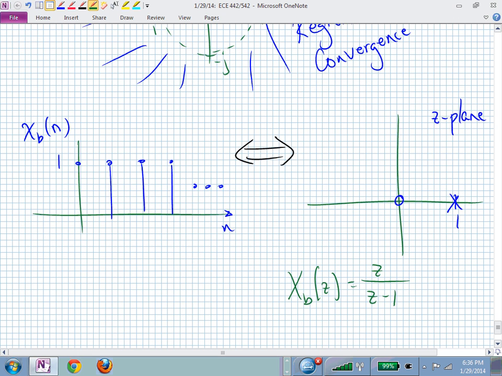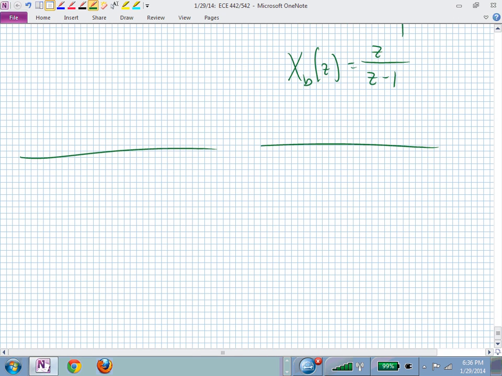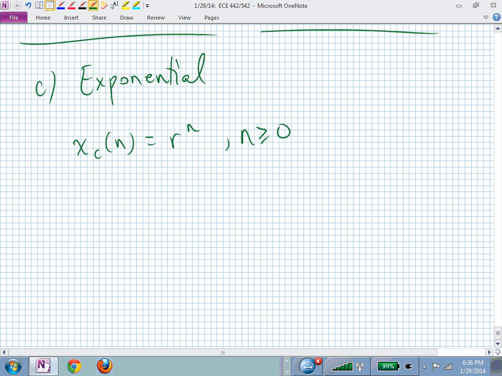Let's now continue with another common waveform. Let's say it's the exponential. So now this is r raised to the nth power, and let's just consider one-sided, positive values of n for tonight.